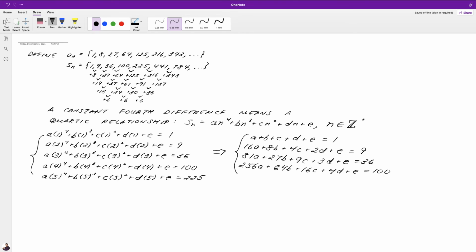Okay, and then for the final equation here, we've got 625. Okay, 5 times 5 is 25. 25 times 5 is 125. 125 times 5 is 625a plus 125b plus 25c plus 5d plus e equals 225.